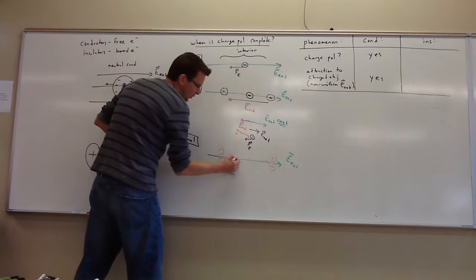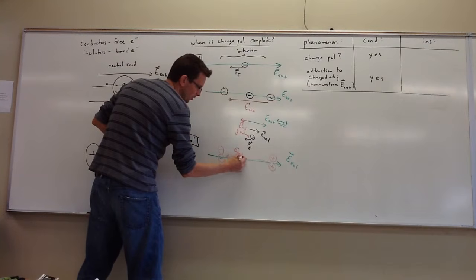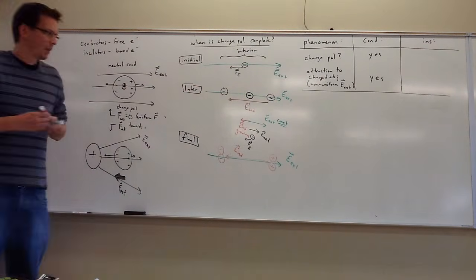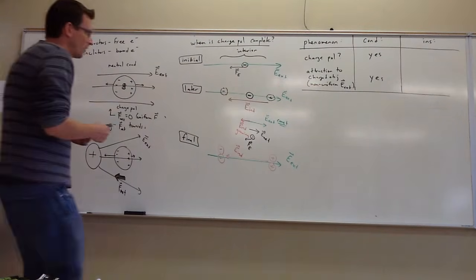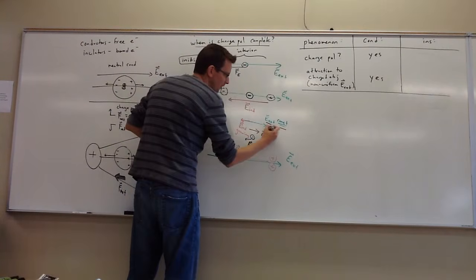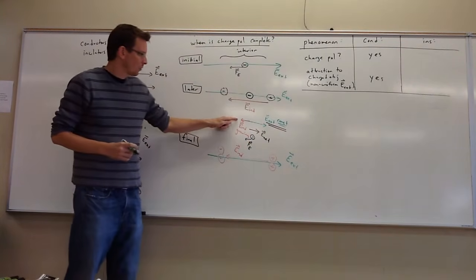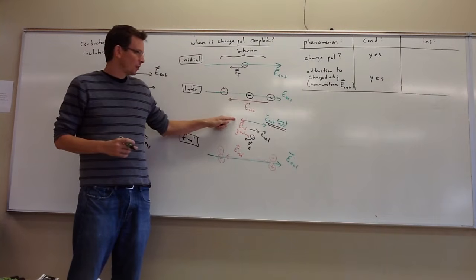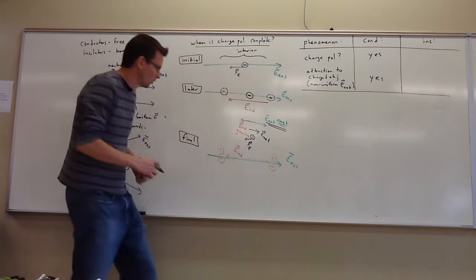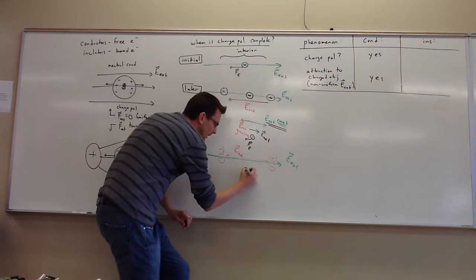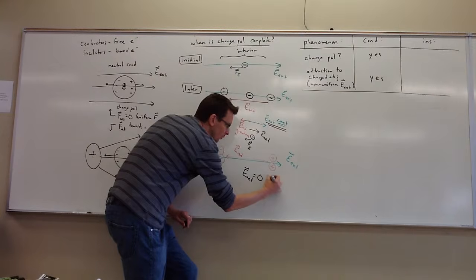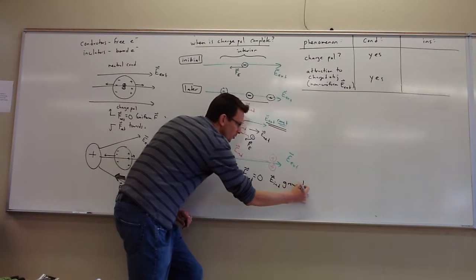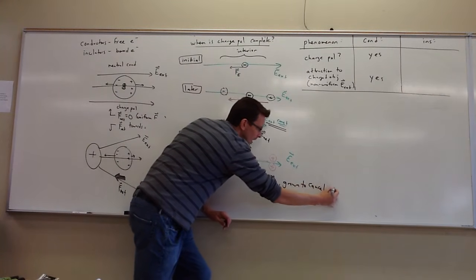They make an even larger E induced. And if E induced cancels E external, what's the net field? It's 0, right? So if this, which is constant, E external, and this grows, then this can grow to cancel this, right? So now E net is equal to 0 because E induced has grown to cancel E external.